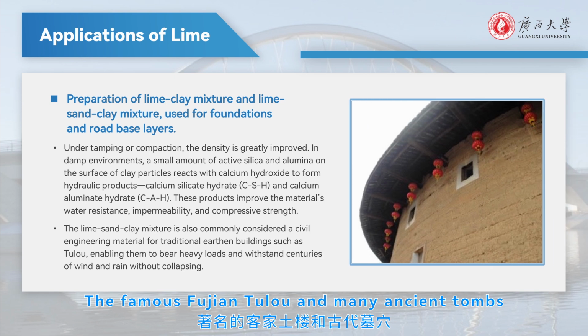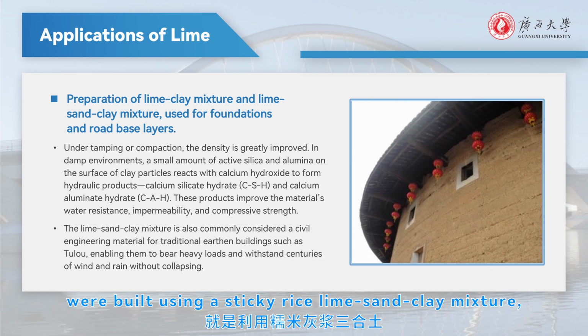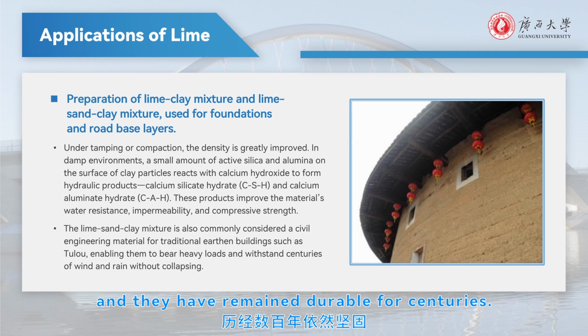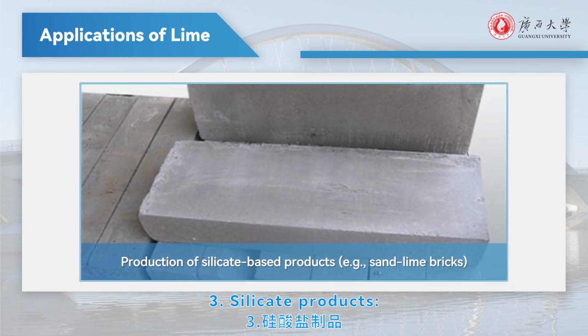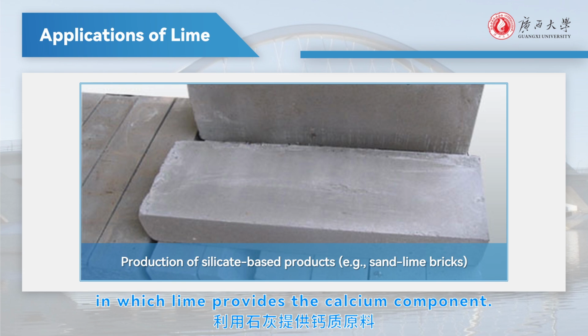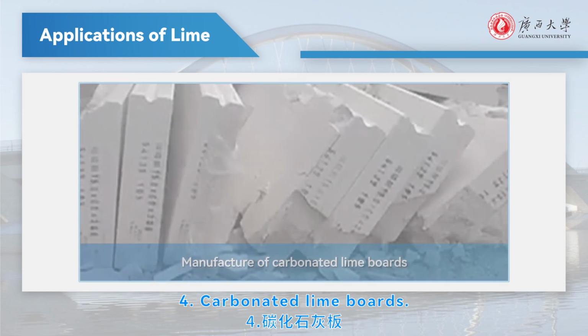The famous Fujian Tolu and many ancient tombs were built using a sticky rice lime sand clay mixture, and they have remained durable for centuries. 3. Silicate products, such as sand lime bricks, in which lime provides the calcium component. 4. Carbonated lime boards.